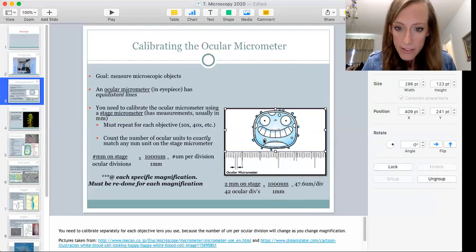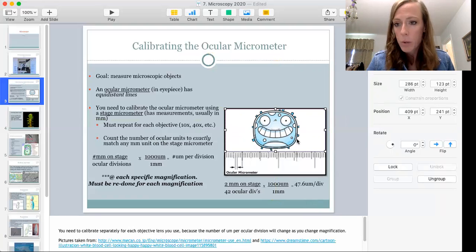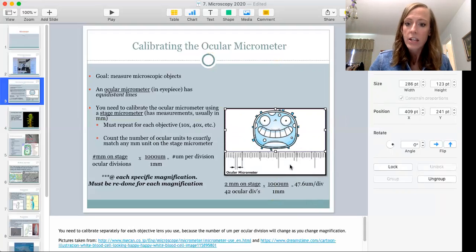And now we can say, okay, well, my cell takes up, say, 25 ocular divisions, and multiply that by the number of micrometers per division to find out how big that cell is. Always remember you have to redo this process for each magnification. Then we're able to accurately measure anything that we place on our stage. All right, so let's move to our next slide.